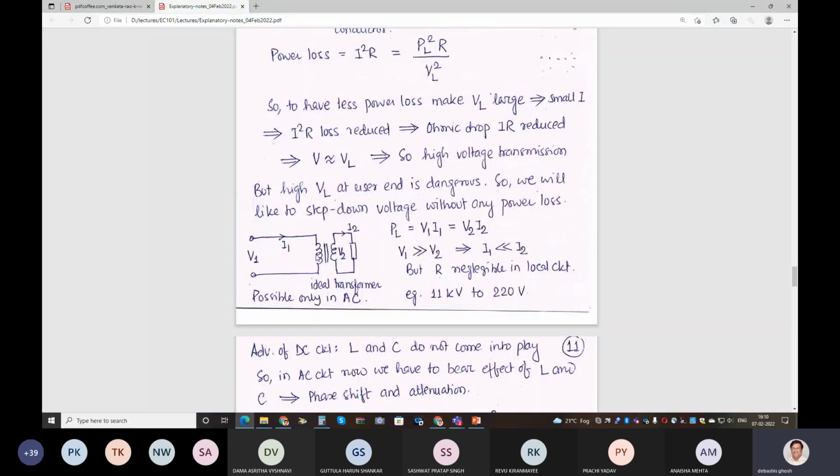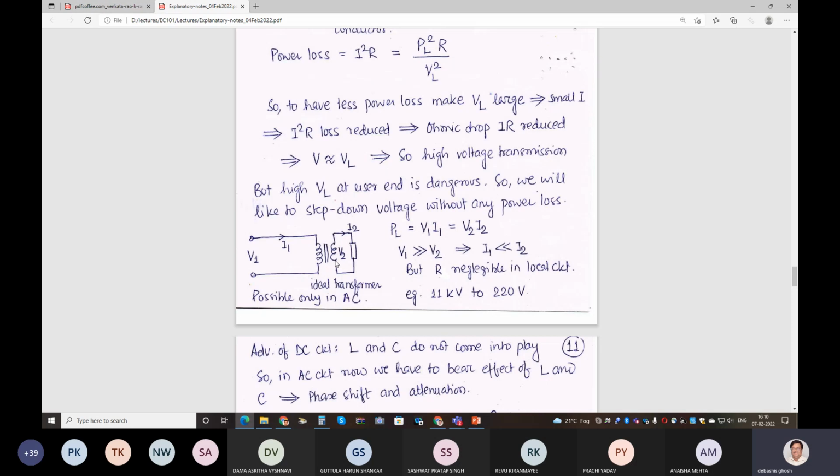which appears on this side is transmitted to the other side, the secondary side of the transformer. Here you have PL as the power, and the voltage that appears here is V2, which is stepped down. The step down ratio of the voltage depends on the turns ratio. I have shown it like a coil, so you will have some coils on the primary side and some coils on the secondary side.